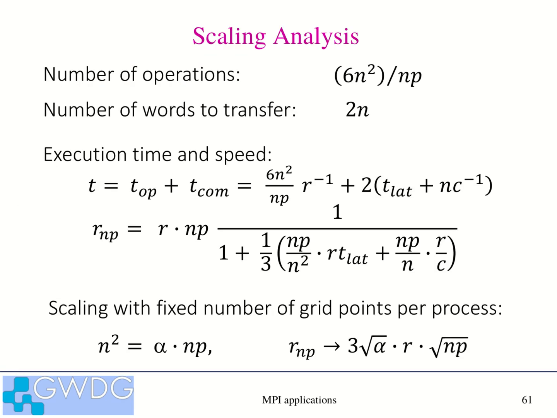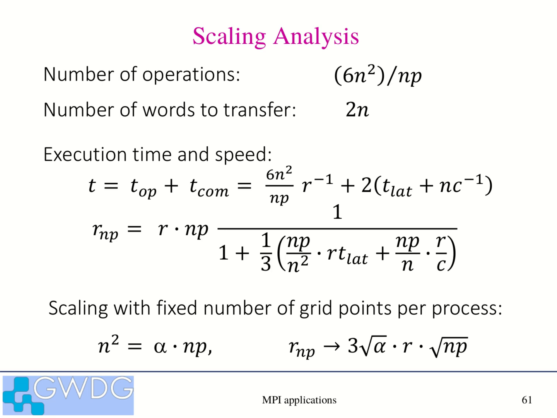This I would like to analyze in detail. Scaling analysis. In our application, for the heat equation, the diffusion equation, for every update of the temperature we have n square points to update, and for every update we have to do 6 operations, the additions and multiplications.